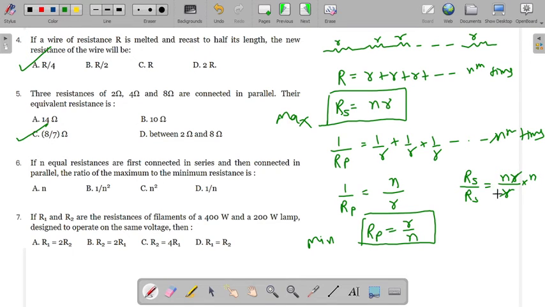So R and R can be cancelled. RS over RP equals n square. So the ratio is n square. Option number C is the right answer. So this is the method we can solve these types of questions.